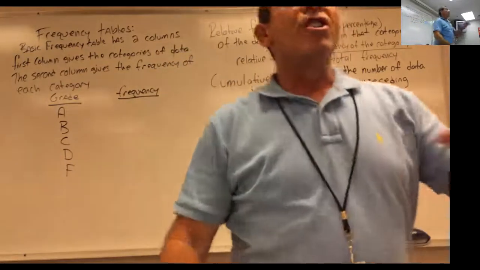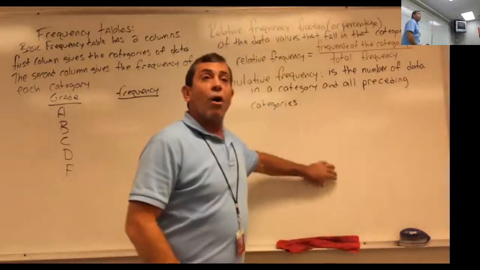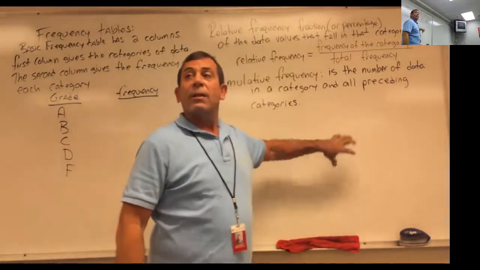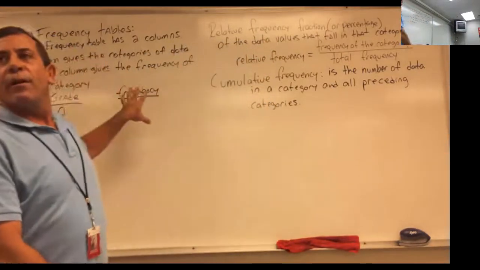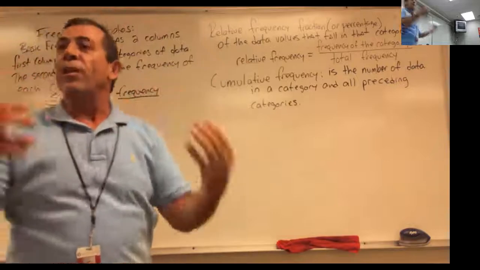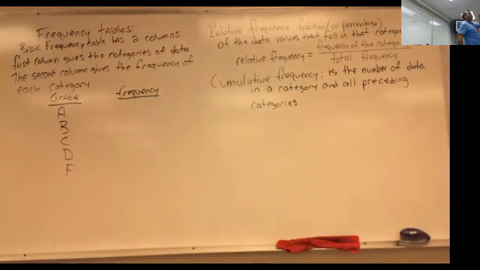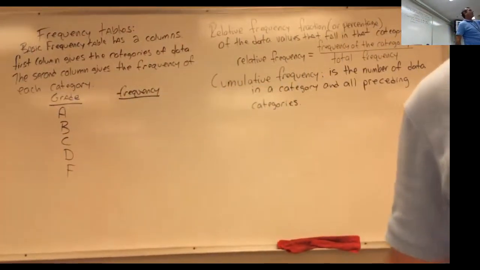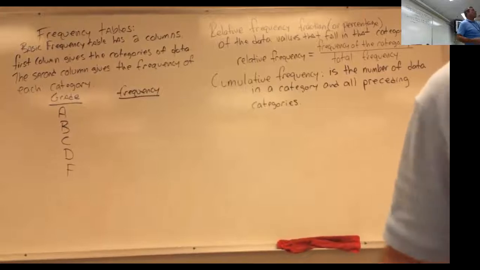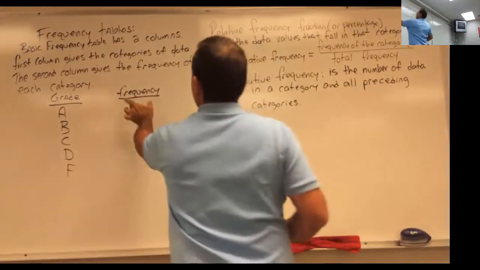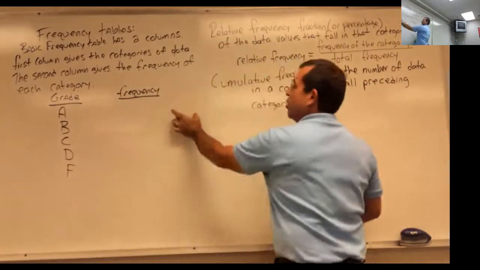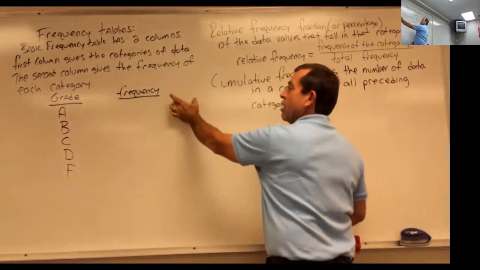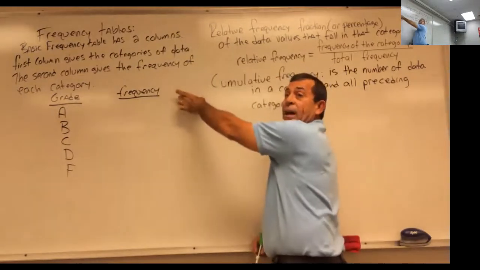Now, when you're done, your overall cumulative frequencies have to equal the total frequencies that you had. So if you had 20 tests, so many A's, B's, and C's and so on, the cumulative frequency adds each row. You had 5 A's, so it'd be 5 here.